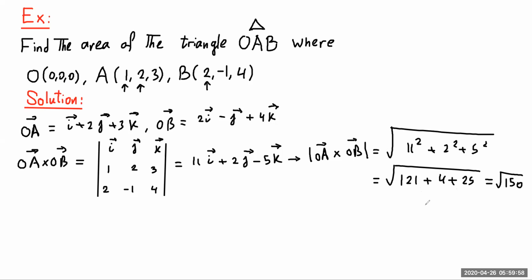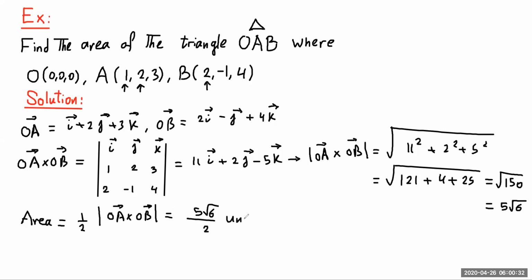Okay, so we can write this as 5 root 6. So what is the area of the triangle? Using the formula, it's half of the length of OA cross OB. So it's 5 root 6 over 2 units power 2.